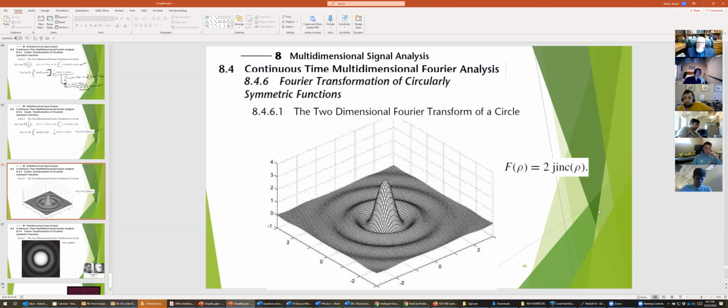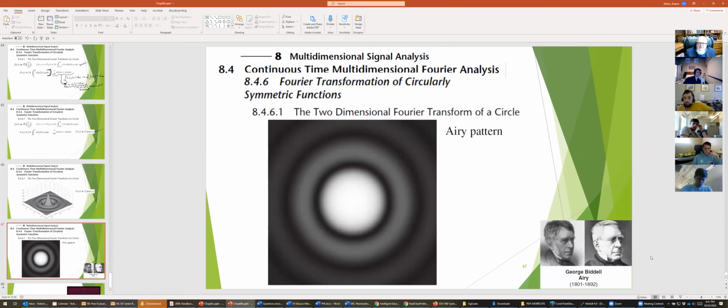You might have heard this referred to in physics as something special, because it is something which is talked about in physics. And that's the Airy pattern. If you remember, the Airy pattern was the diffraction of a circular aperture into the far field.